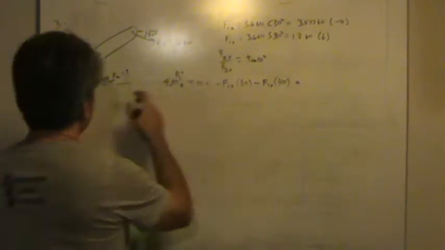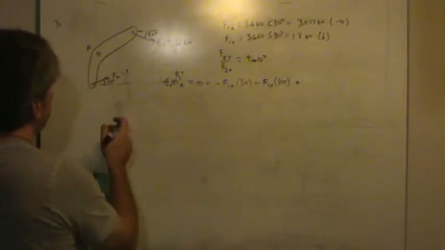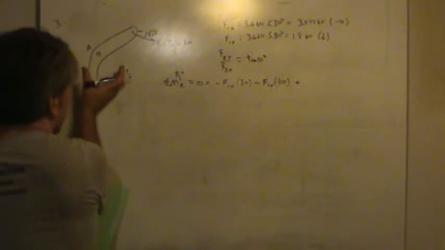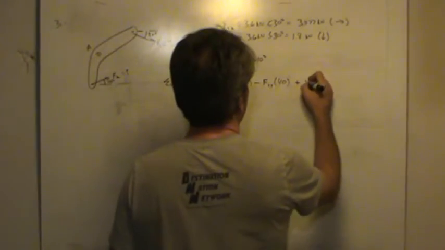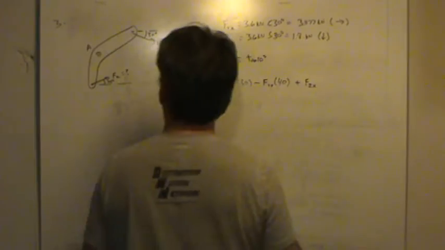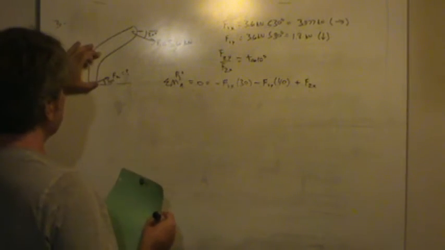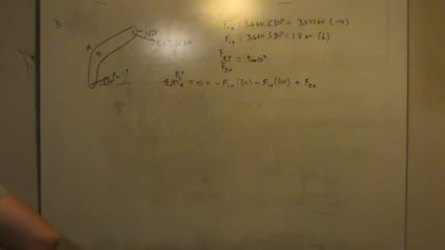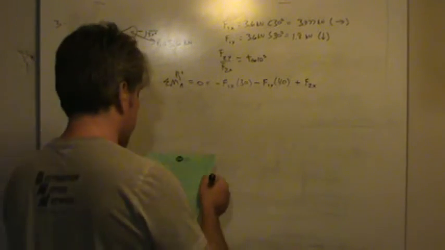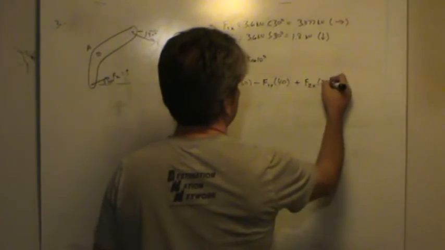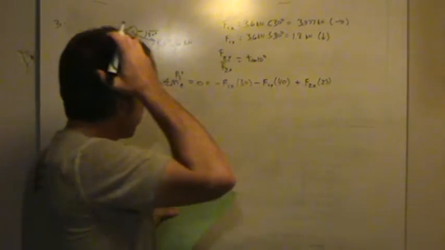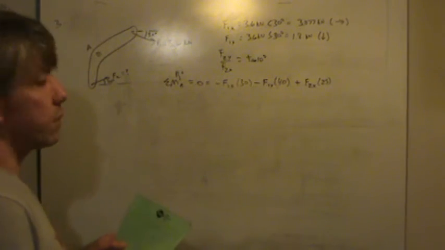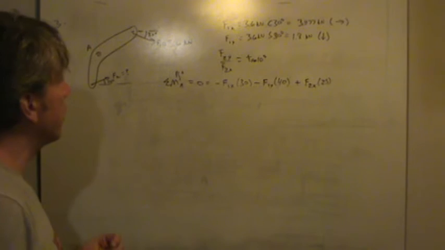But notice F2 will also cause a moment about A. The x component will cause a positive moment, so we have F2x, and we need the distance from A down to F2. If you look at the figure, that distance is 25 millimeters. I'm checking myself as I go to make sure that I calculated this right. I have been known to make mistakes, and if you see any mistakes, please leave a comment below the video.